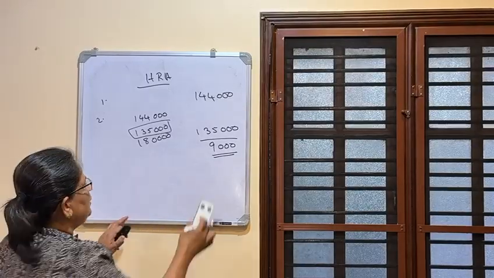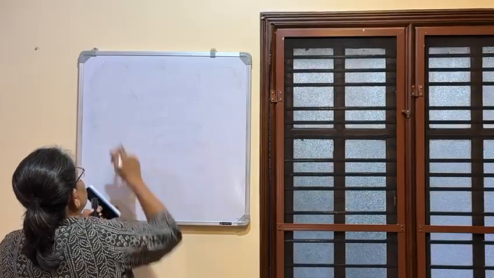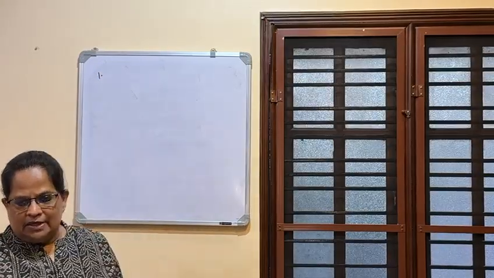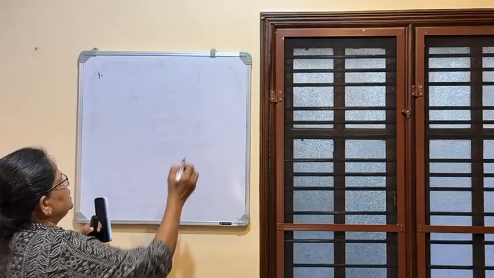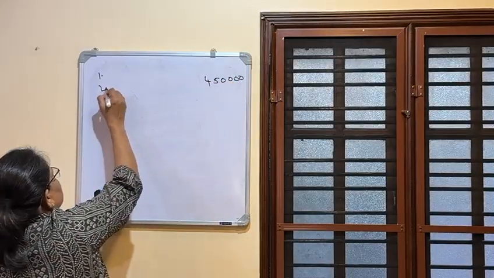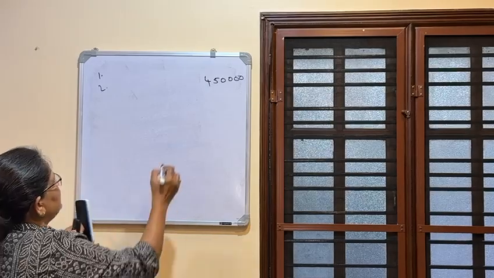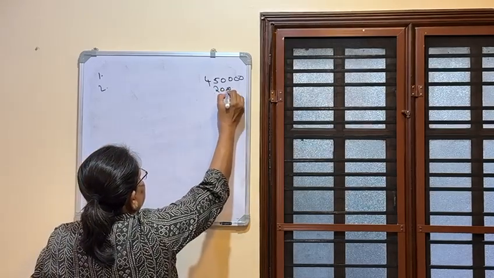Now we have to take the computation of taxable salary. First point, salary 4,50,000. It's given 4,50,000. Second one is DA. Leave encashment is 20,000.